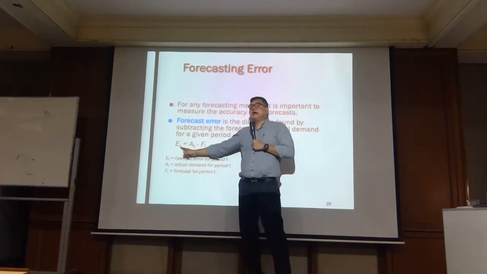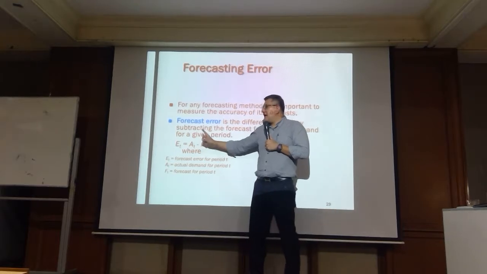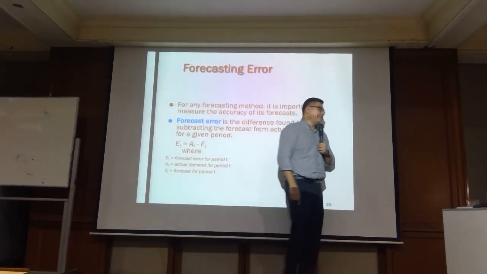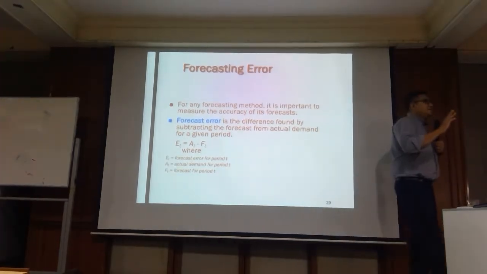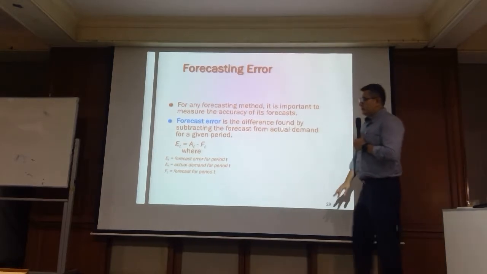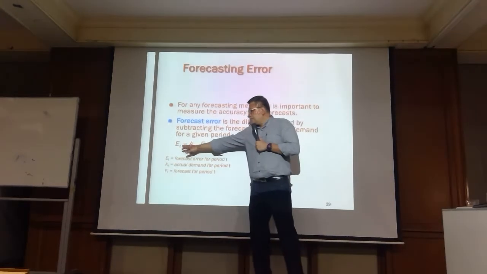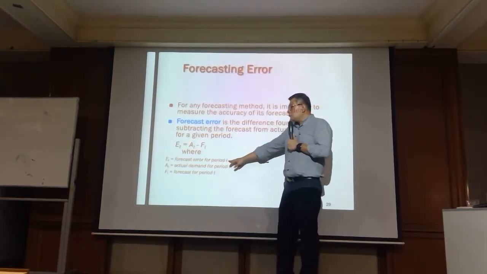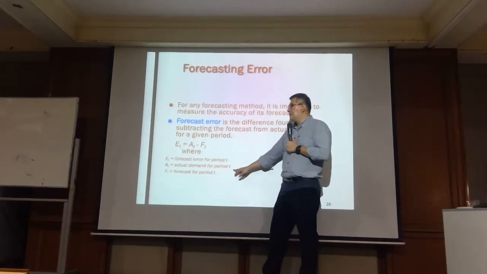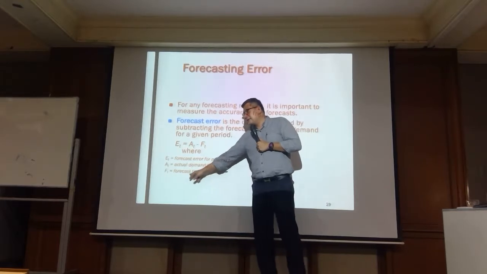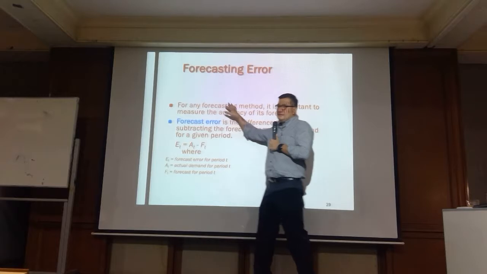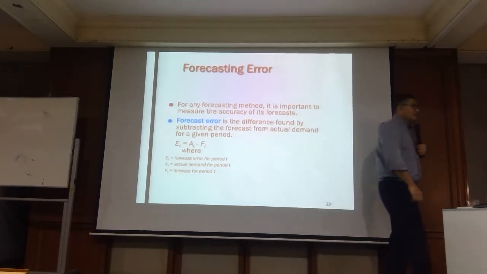Error at any time t is equal to the actual value at time t minus the forecasting value at time t. So the error term equals actual minus forecast, okay. We can use this one later after we talk about the methods of forecasting.